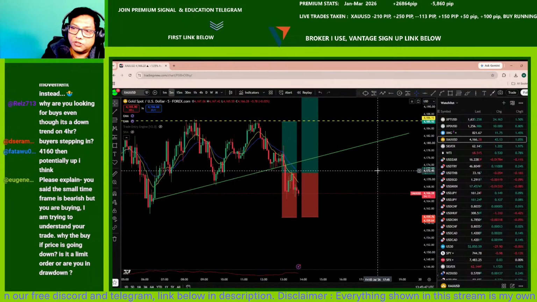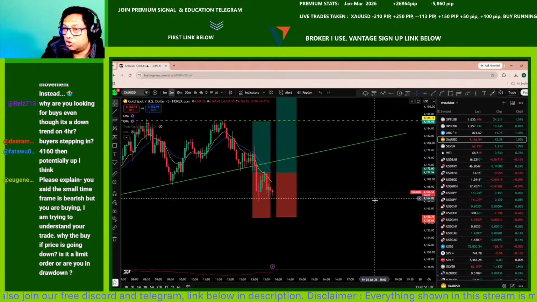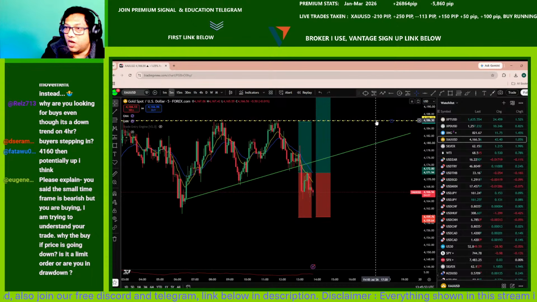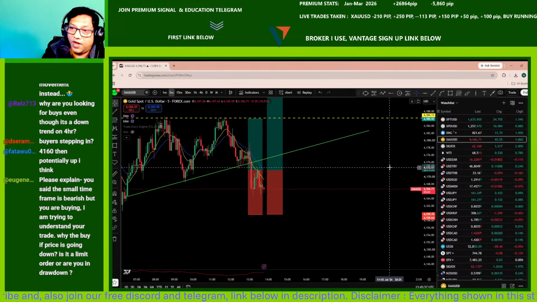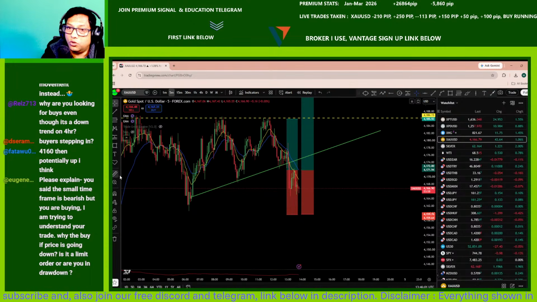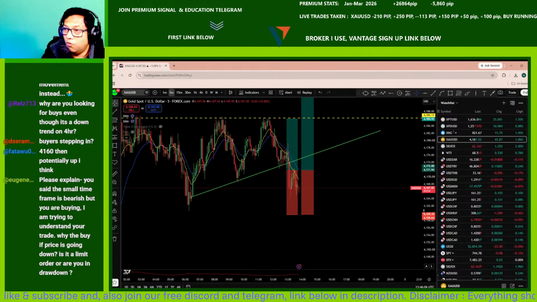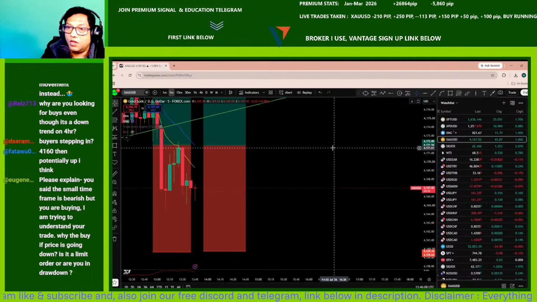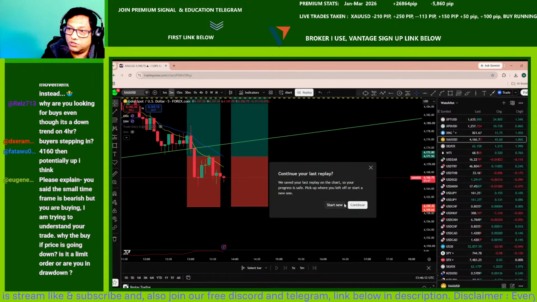The reason for buying is because the overall trend is bullish. So even if the market retests this support from this range, we still have a high possibility to win here. If we took this trade from here, that's going to be a very small move. Also, this is the 5-minute chart, and price action is important.